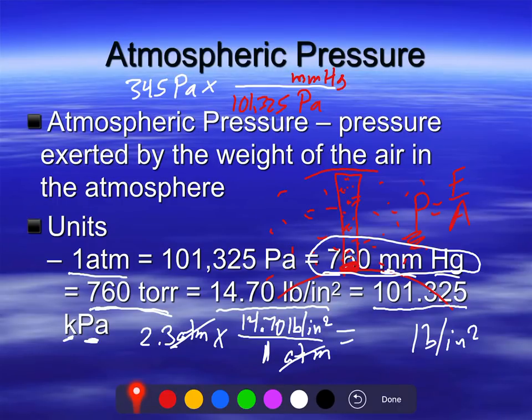And we want to get to millimeters of mercury. So that's our 760. So that means on top of the fraction, I've got to put 760. My units of pascal will cancel. And now, if I do 345 times 760 divided by 101,325, then we will get our answer in millimeters of mercury.